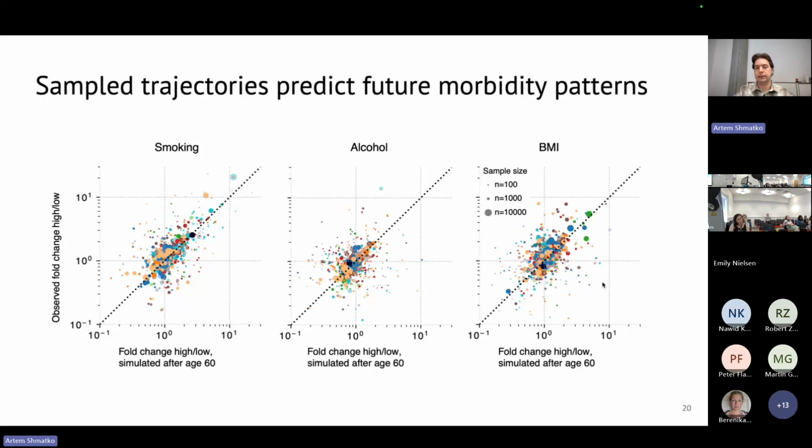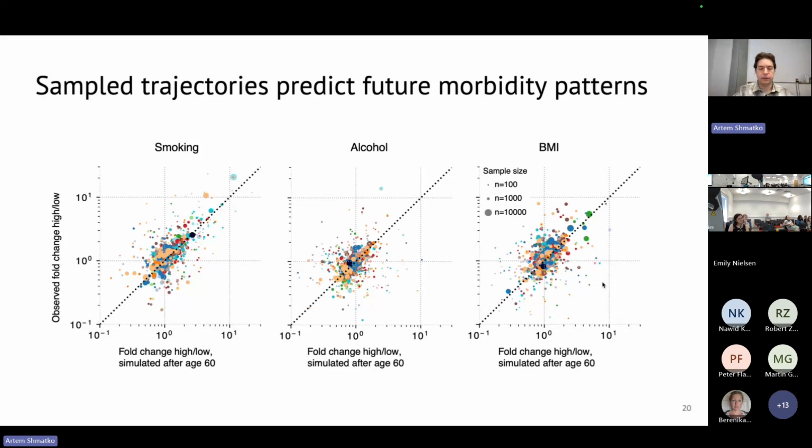stratified these trajectories into several groups based on some lifestyle factor, for example, low and high smoking, low and high alcohol consumption, or BMI. And then we calculated the ratio of the disease rates for a certain disease between, for example, the high smoking group and the low smoking group.